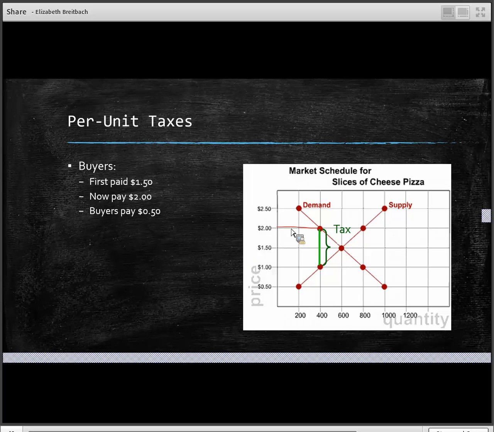Okay. The sellers, they used to receive $1.50. They used to receive the equilibrium. Now they receive $1. So the difference between our equilibrium and the new price that they receive, the sellers pay 50 cents of the tax.